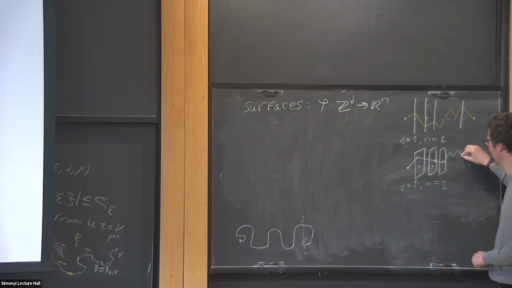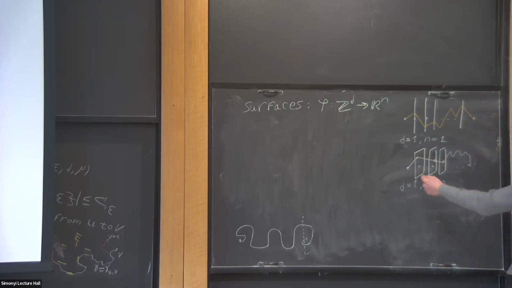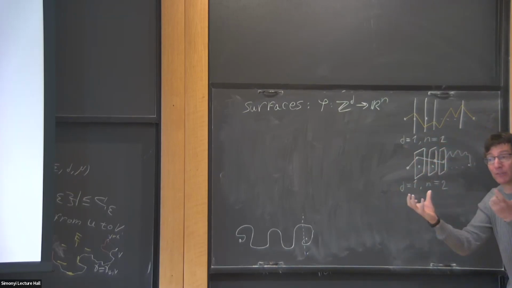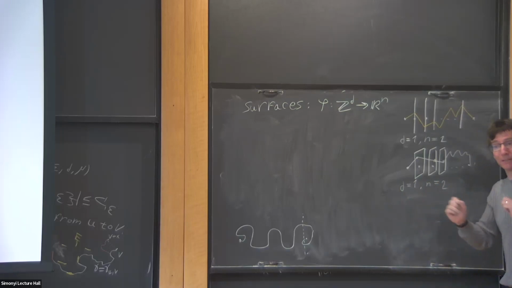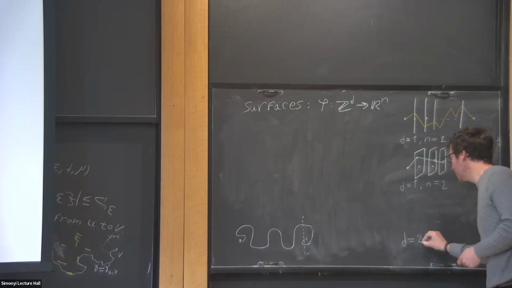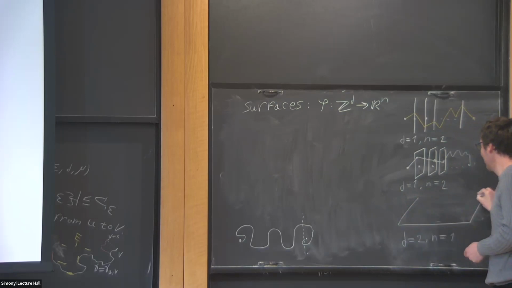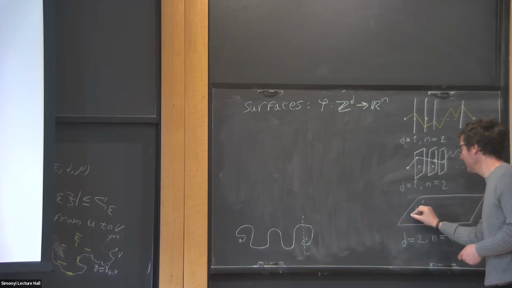Because it chooses a point in a plane at every vertex, it is like a path in a three-dimensional space. That's how we are doing it. That's why I say the codimension is 2. What happens if you have d equal 2 and n equal 1? That means that you have a lattice of points.